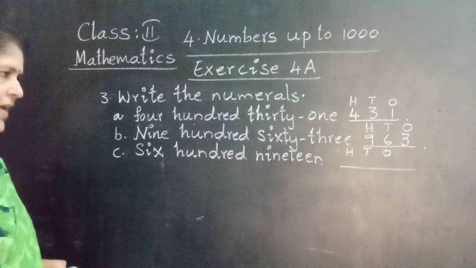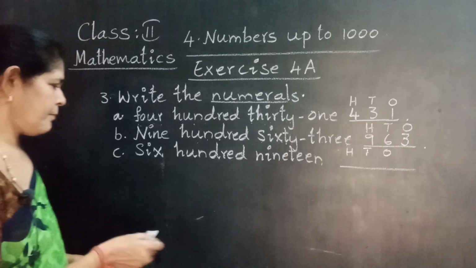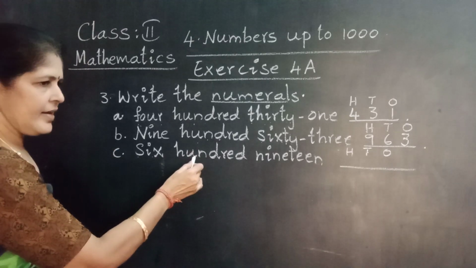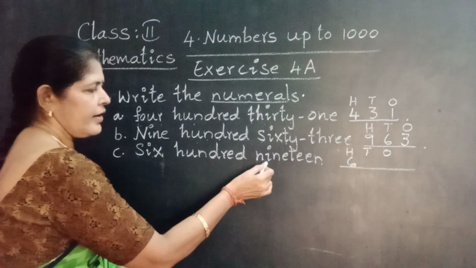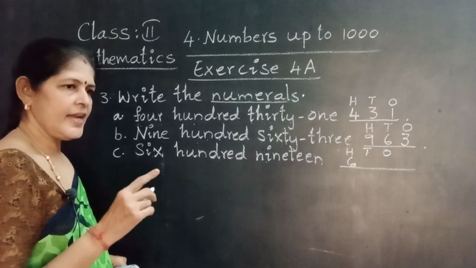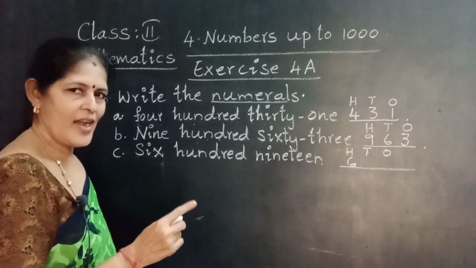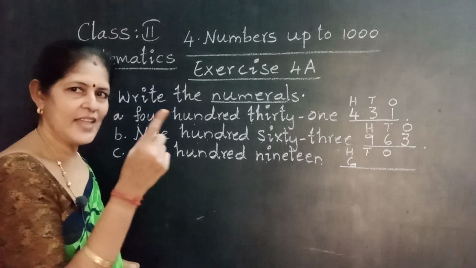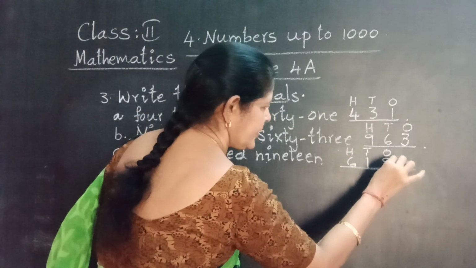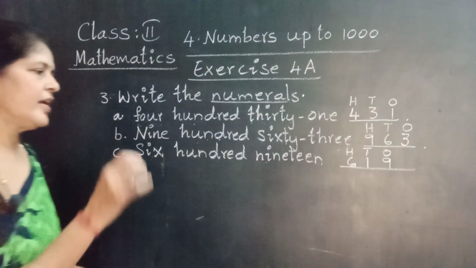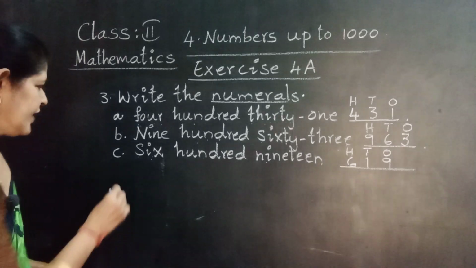Now we write the numeral. Numeral means number. SIX HUNDRED, that means 6 is in the hundreds place. NINETEEN, that is 1 ten and 9 ones. 1 is in the tens place, 9 is in the ones place. That is going to be 619. Are you clear? Next D.